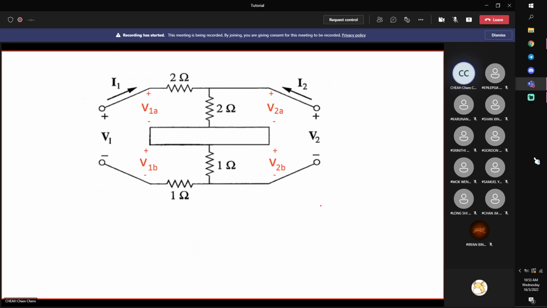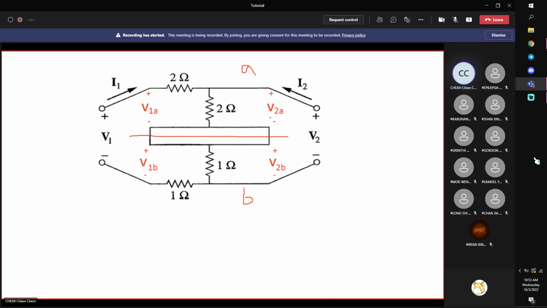And here, to differentiate the input-output for these two different circuits, I'll call the upper one A and the lower one B. This means my input to subnetwork A will be V1A, and my output at port 2 will be V2A.